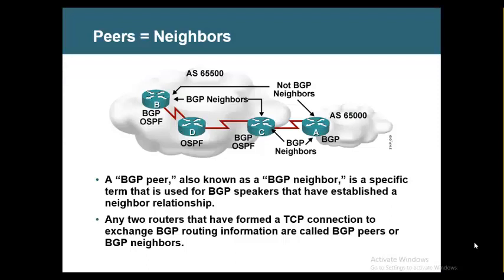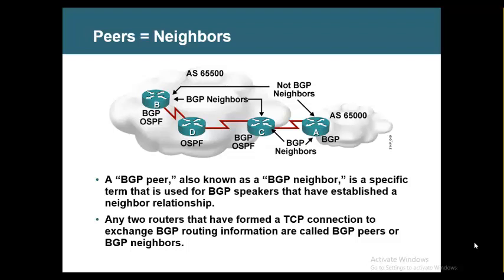See here, what are called peers or neighbors? We know BGP uses TCP. If two routers can establish the three-way handshake successfully with port number 179, they can now form a neighbor, after which the updates are going to be shared between them.